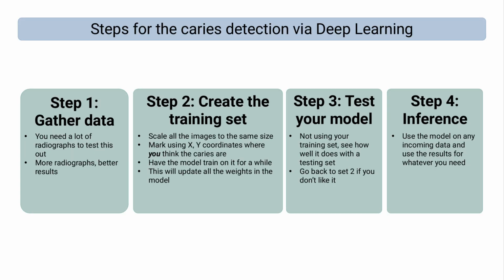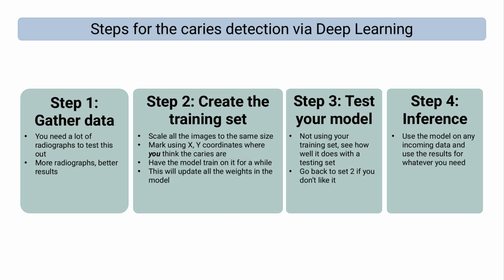So step 2, after they create this training set, they have to go through this model and just update it based on the loss. So is it getting the expected output? Just like any other neural network. And then step 3 is you test it. So you give a bunch of real life bite wings or PAs. You may want to give some weird edge cases.